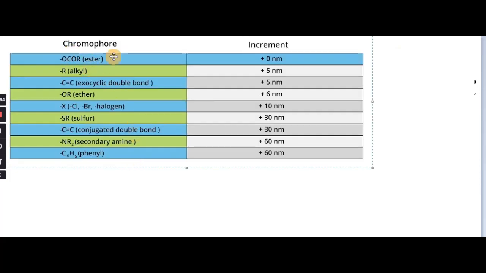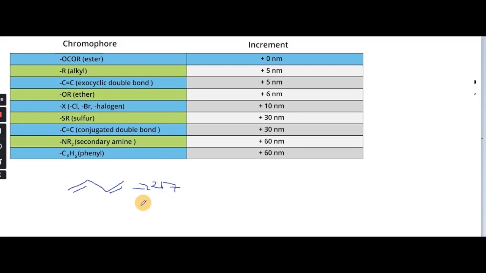So these are the substituents which can be added to a particular compound or residue of a known base value wavelength, and they may alter the wavelength of absorption. If I have a diene, normally when you have a transoid system, it is always 217 nanometers.